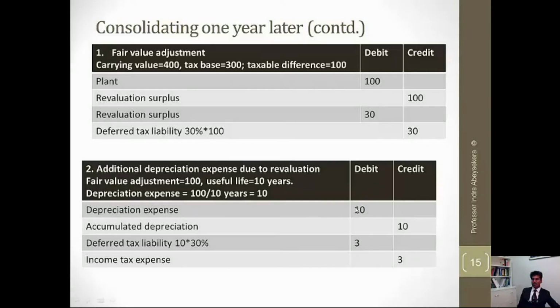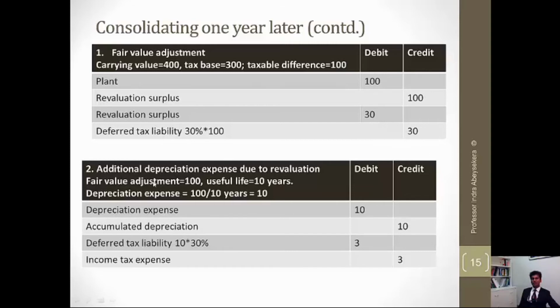When we increase the expenses, profit decreases in the group. That means income tax expense decreases. So we credit income tax expense at 30%, which is 3. Accumulated depreciation means the value of the asset is gradually decreasing, so we must decrease the deferred tax liability that resulted from that revaluation.